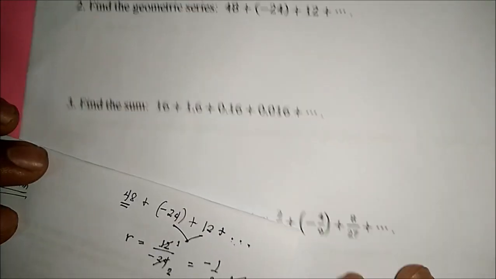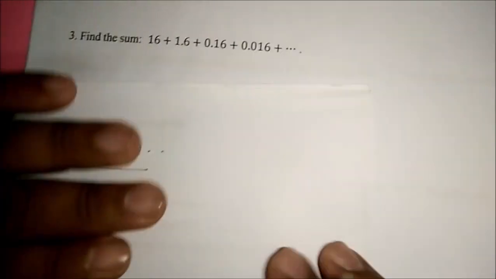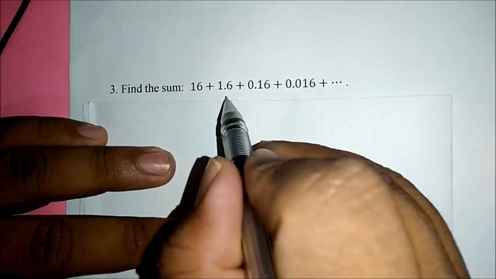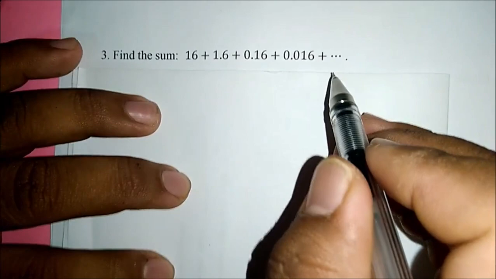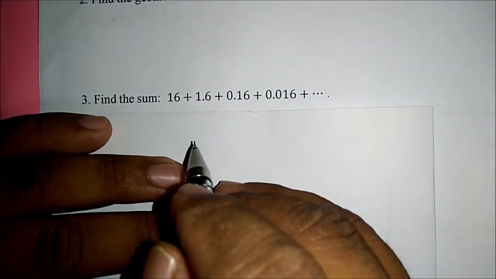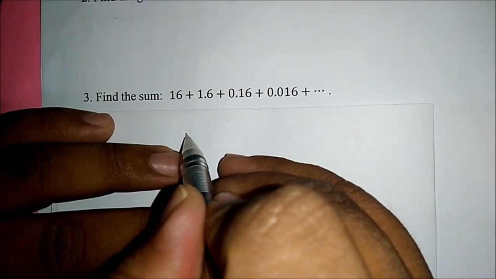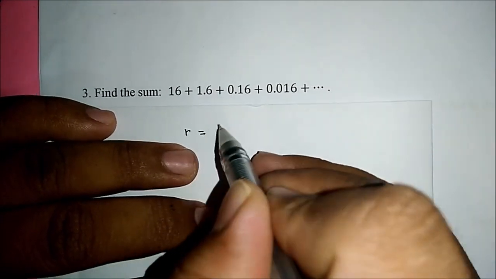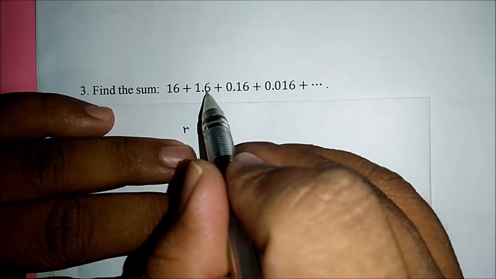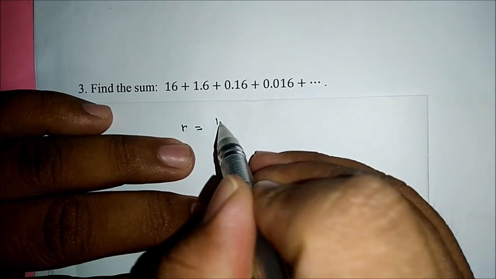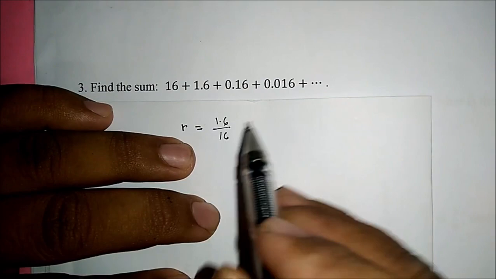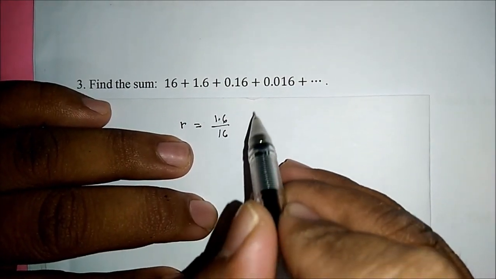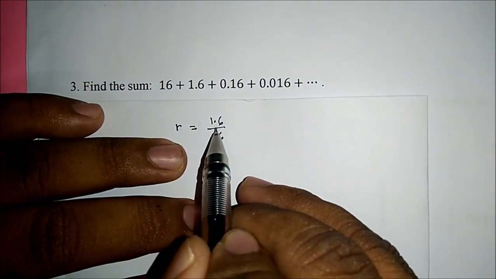Now, let us try to answer this problem. This is 16 plus 1.6 plus 0.16 plus 0.016 plus and so on. So let's check for the ratio first. Let us get two consecutive terms and divide from the right to the left. So we have 1.6 divided by 16. Since we are dealing with decimals, para maging fraction yan, just move the decimal point.